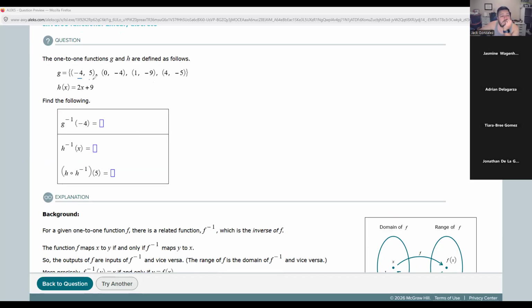So these are inputs and outputs, right? Input, output, input. So G, if this is the output, what is the input corresponding to -4?